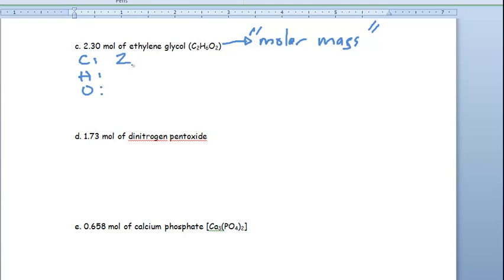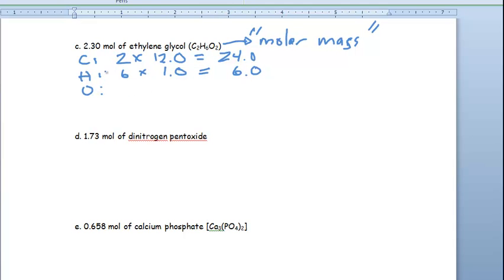Okay, how many atoms of carbon do we have? That's 2. So that's 2 times the atomic mass of carbon, and so that's 24.0. Okay, hydrogen. How many hydrogens do we have? We got 6. So that's 6 times the atomic mass of hydrogen, 1.0079. 1.0 is perfectly sufficient, so that when we multiply by 6, that's 6.0.